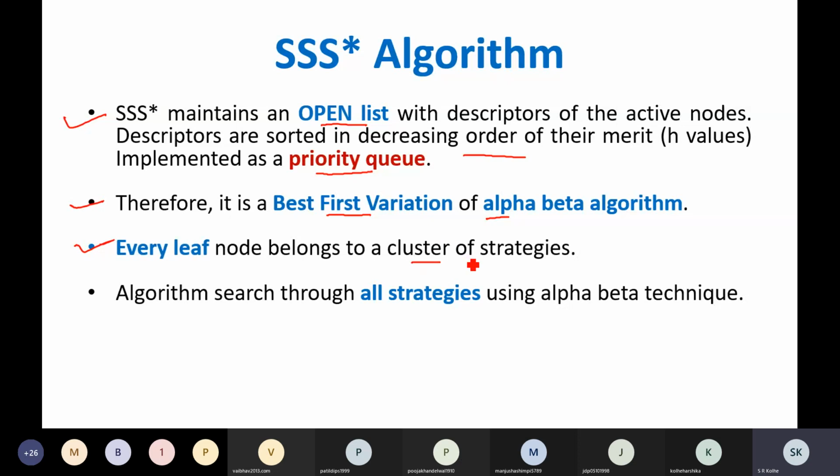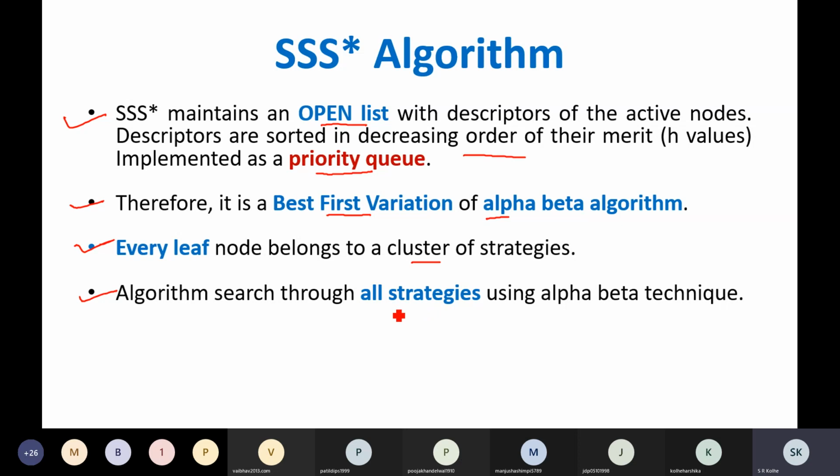So that cluster will contain 2 strategies in that particular case. We are in general saying that every leaf node belongs to a cluster of strategies. If it's a case of a 4 ply game tree, every leaf node will belong to a cluster consisting of 2 strategies.